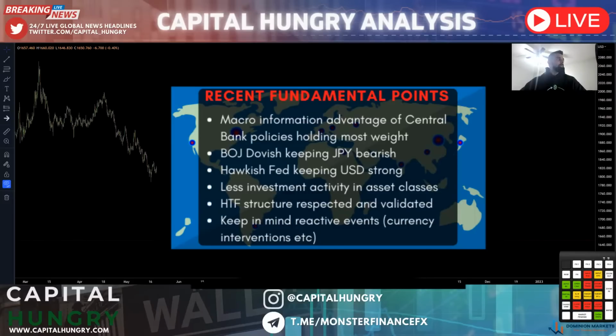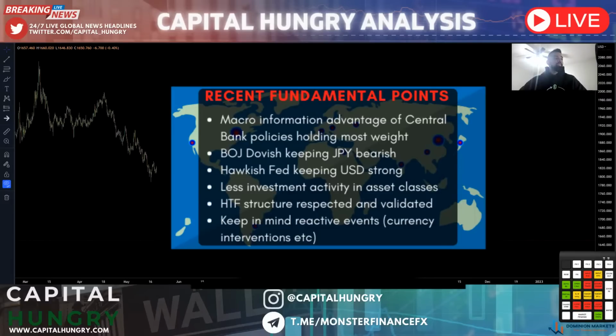One thing we have to keep in mind is reactive events such as currency, government, and central bank interventions that can create some short-term pullback plays against higher time frame trend. We've seen Bank of England do bond buying amidst the active rate hike cycle. We've seen Janet Yellen from the US government promote and push other countries to purchase government bonds from the US side.